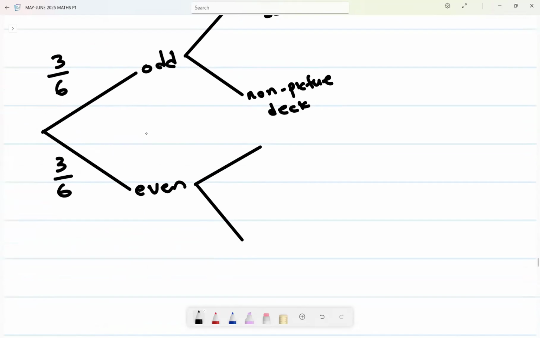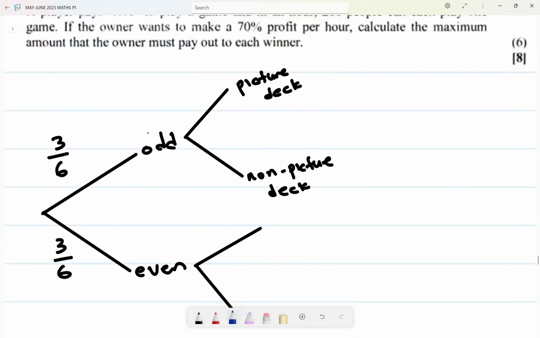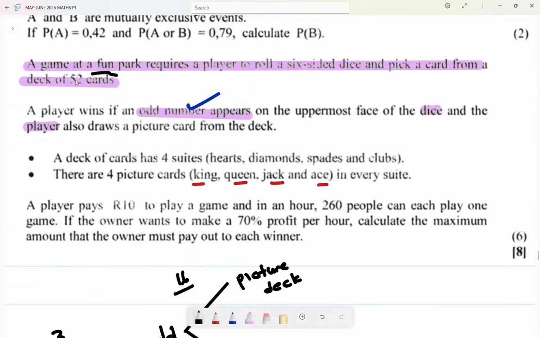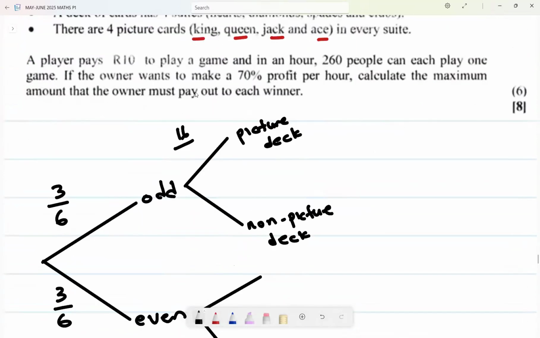So remember we said the probability of you choosing a picture deck is 16, out of how many cards do we have? 52 cards, out of 52 cards. And then non-picture is just, if this is 16, then it's going to be 52 minus 16.